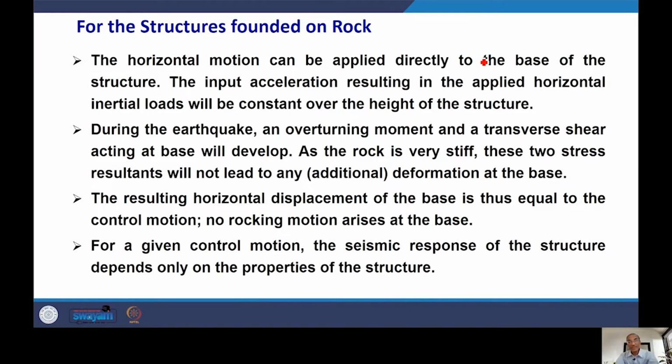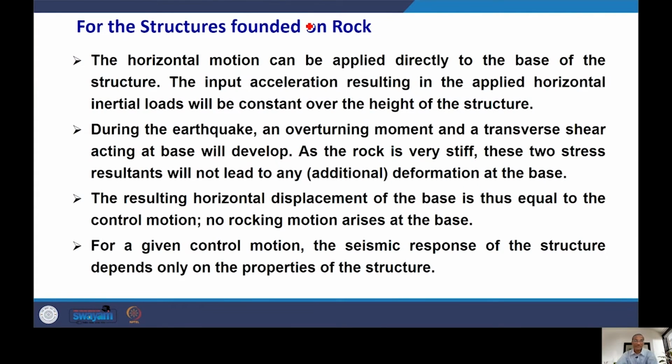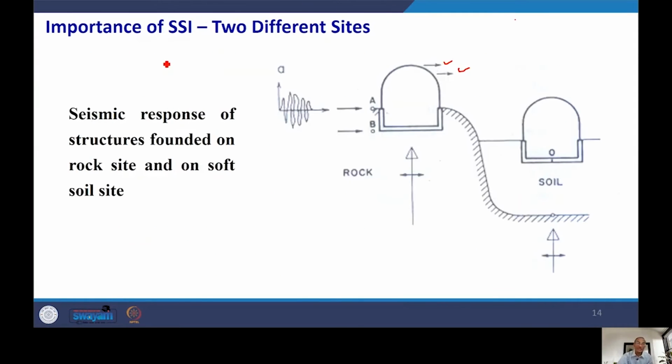During the earthquake, an overturning moment and a transverse shear acting at the base will develop. As the rock is very stiff, these two stress resultants will not lead to any additional deformation at the base. So when it is subjected to shaking, you may have some motion at the ground, one overturning moment and a transverse shear component, but this will not cause any deformation, because here it is assumed that the structure is situated on hard rock, which is rigid.